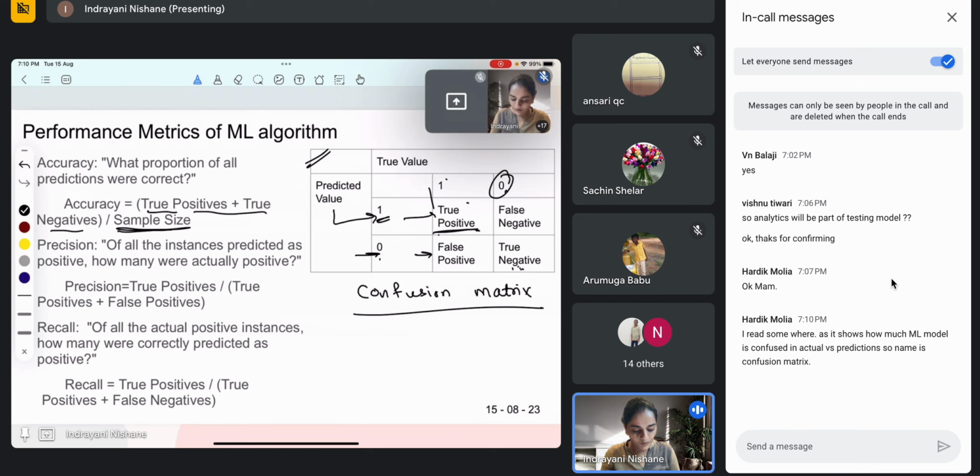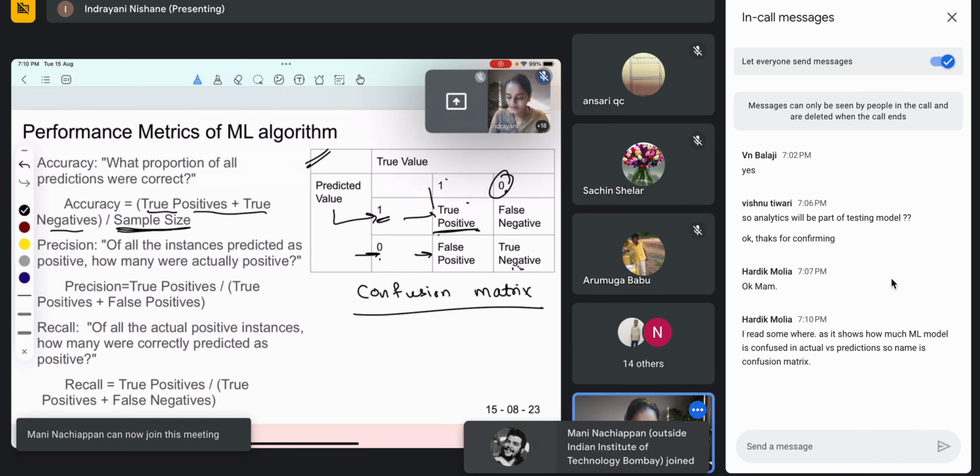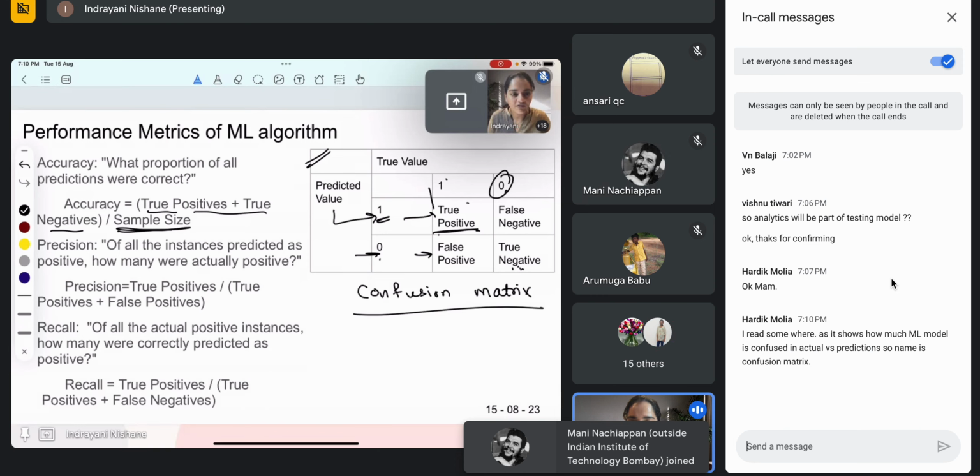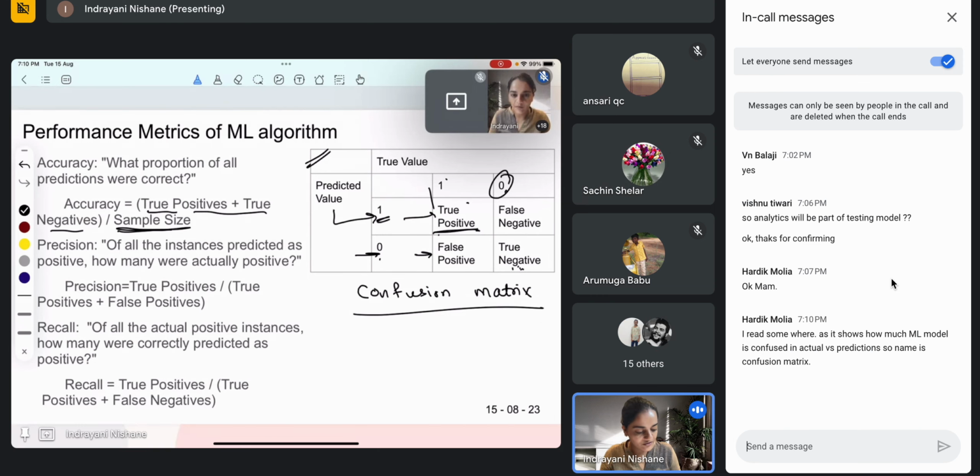So the number of true positives divided by how many were predicted positive. The predicted positive number is true positives plus false positives, right? This column. So true positives plus false positives. That is the formula for precision.